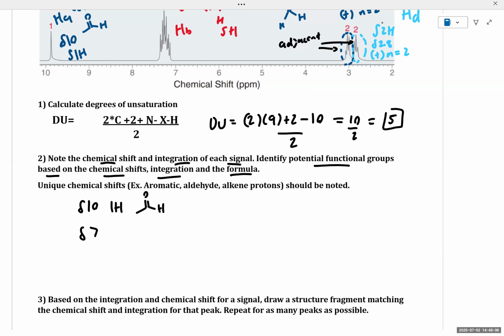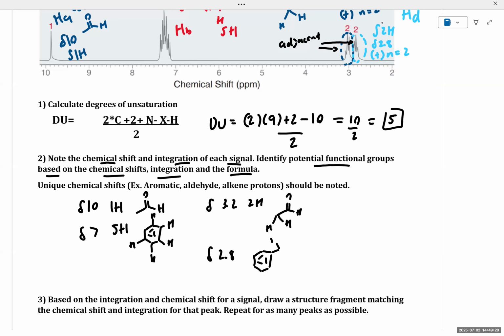Chemical shift of around 7, integration of 5 hydrogens, that's likely an aryl ring with 5 hydrogens. Chemical shift of around 3.2 with an integration of 2 hydrogens, that's likely the pair of protons adjacent to the aldehyde. Chemical shift of around 2.8, those are likely the 2 protons that are adjacent to our aromatic ring, our 2 benzylic protons.